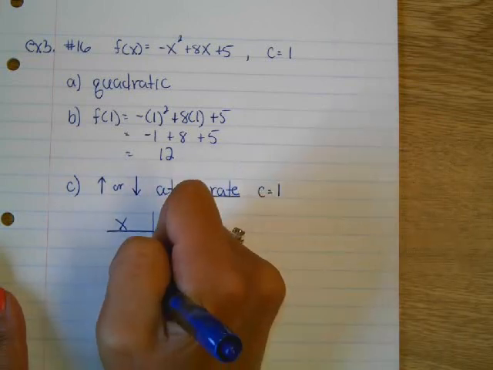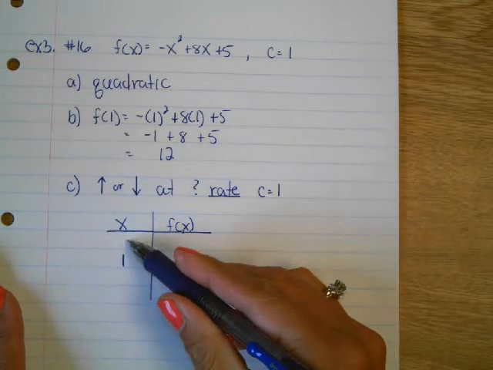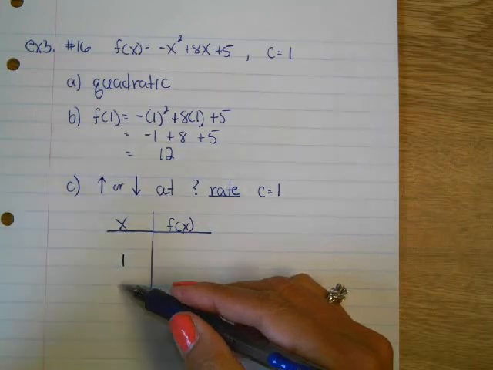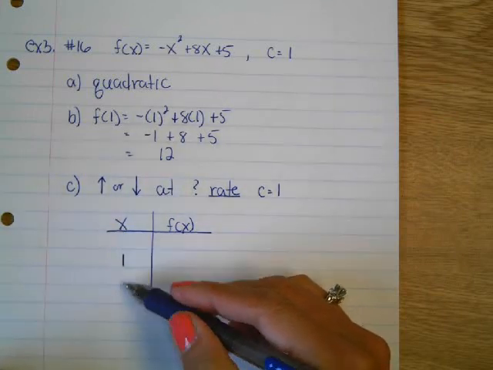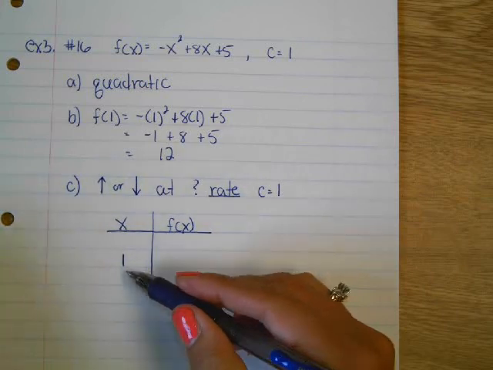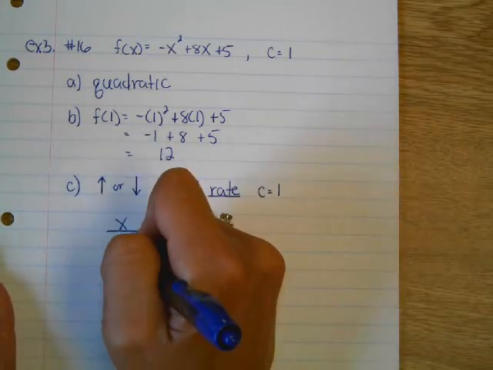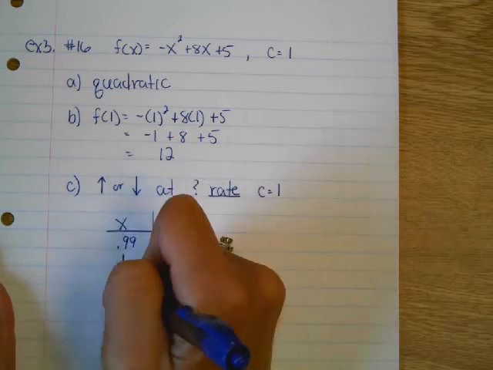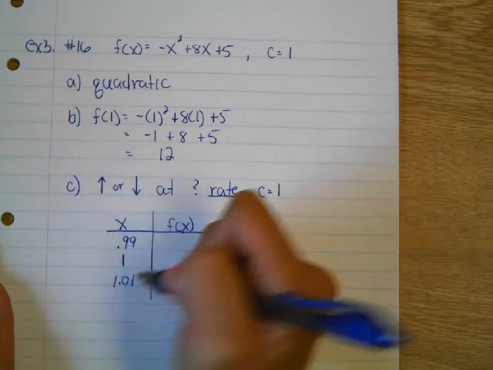I want 1 in the middle of the table, and I want to look at what's happening right before and right after. Now, how far before and how far after, it doesn't really matter, but let's stick with 100th. 100th is a good one. So let's go 0.99 and 1.01.